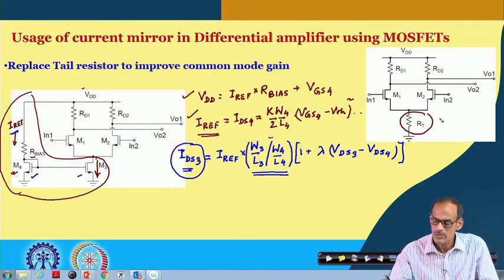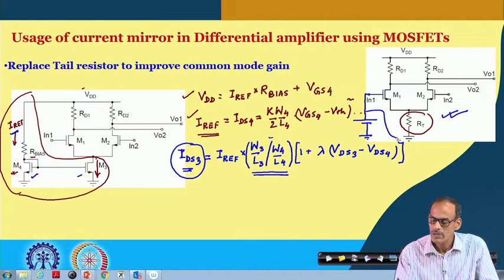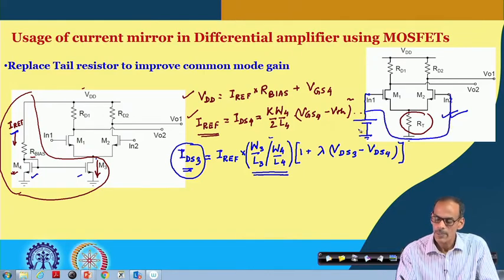Now, in contrast to the circuit which we discussed before, if you change the common mode DC voltage in the circuit coming here and here, the source node voltage also changes.